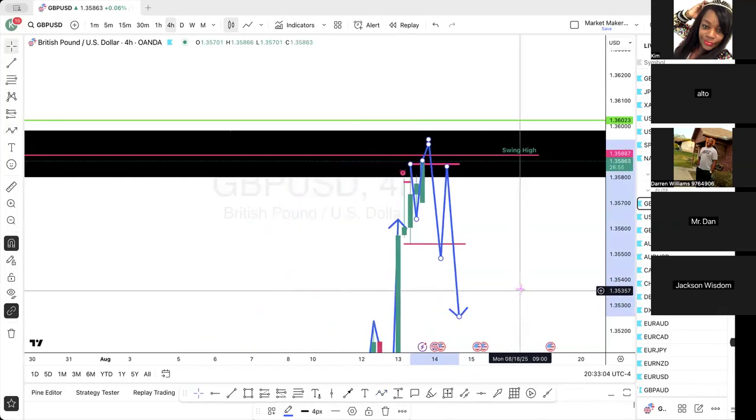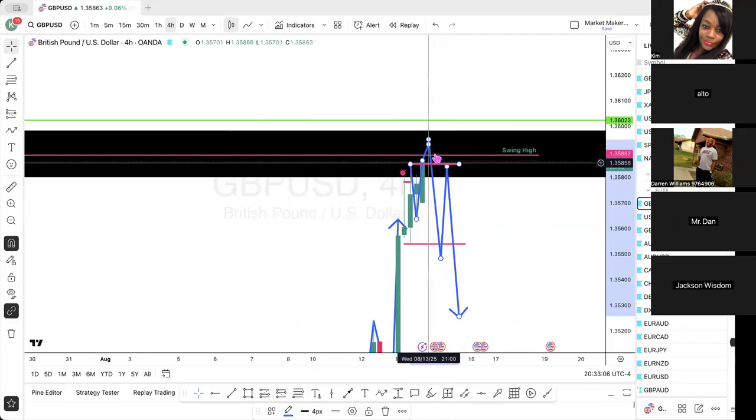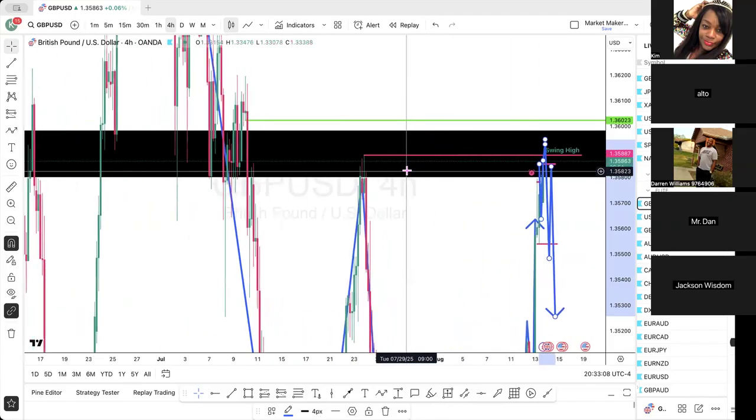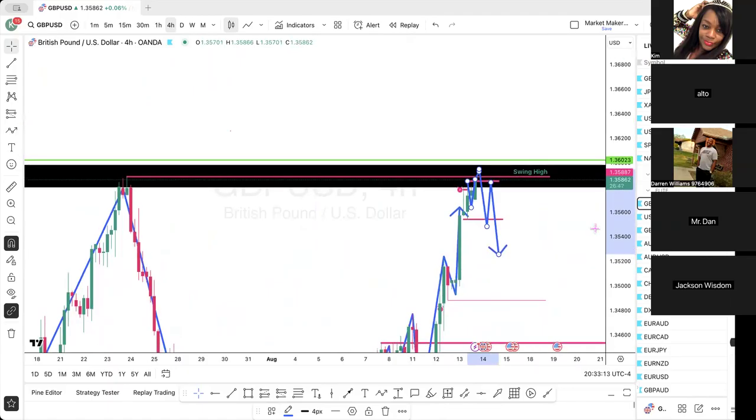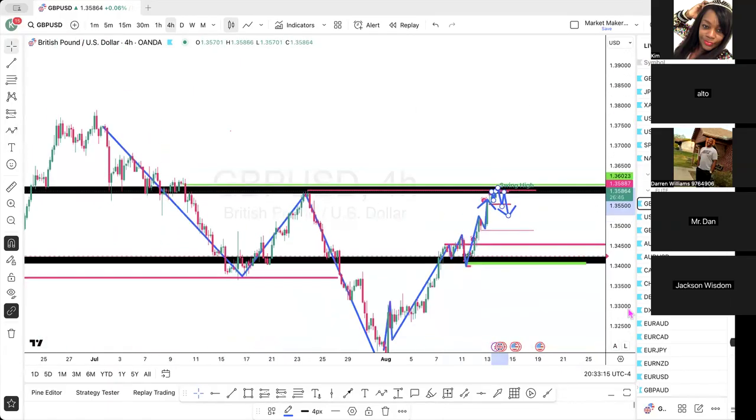This is the higher time frame swing high, the structure that was formed here, pullback, here, pullback.